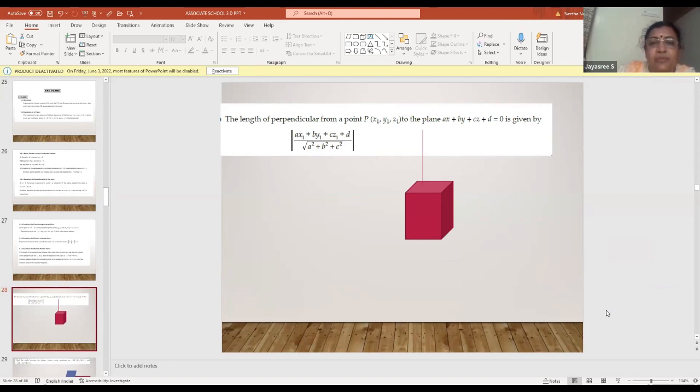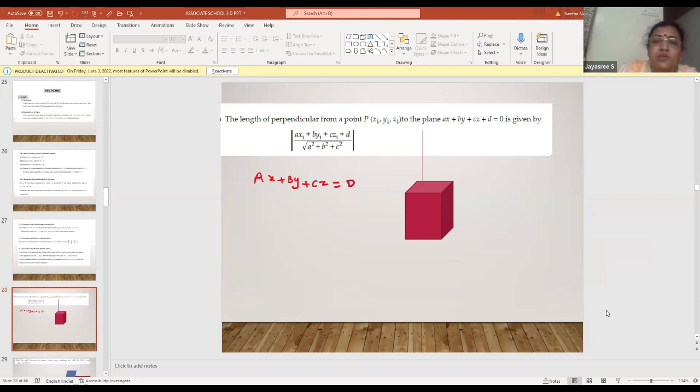they have given the equation of the plane as ax plus by plus cz is equal to d.